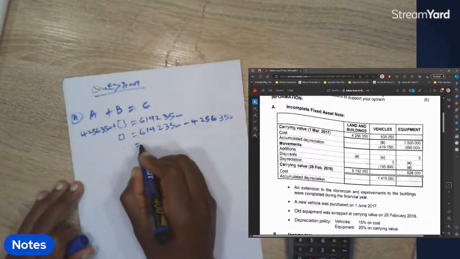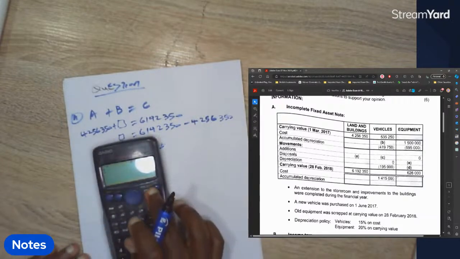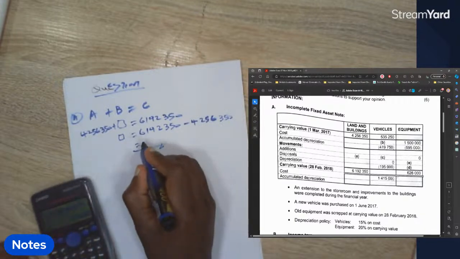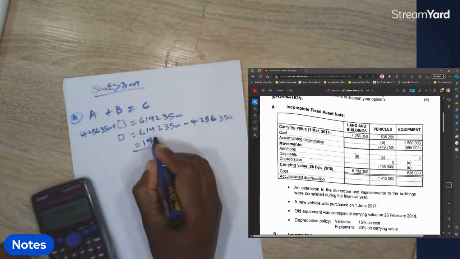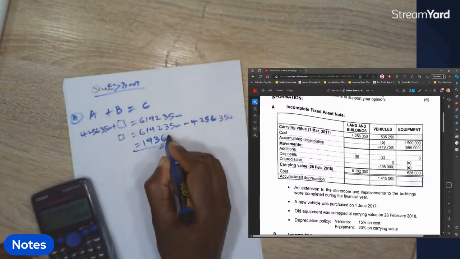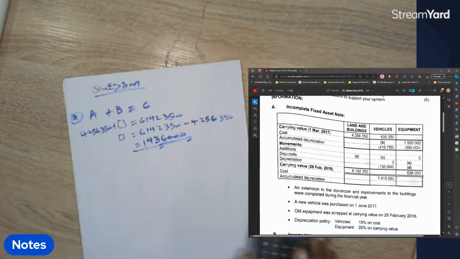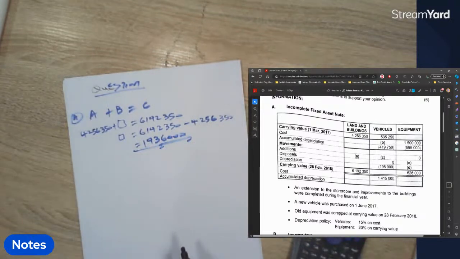Let's calculate the answer on the calculator. 6,192,350 minus 4,256,350. So we get our answer there, 193. Yes, that is our answer for getting A.